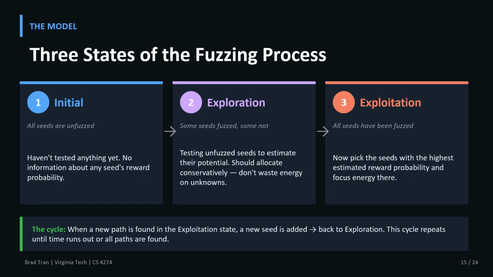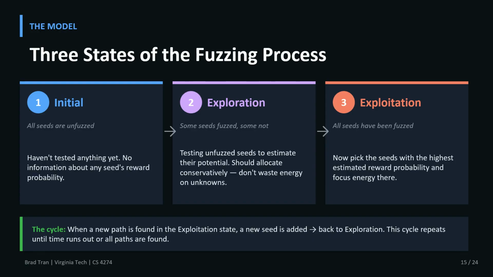The exploitation state occurs when every seed in the queue has been fuzzed at least once. Now you have estimated reward probabilities for all seeds, so the strategy shifts to selecting and prioritizing the most promising ones. Critically, this is a cycle.